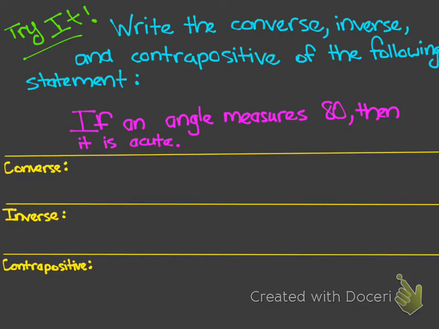So the last thing I want you to do is complete this try it. Pause the video, see if you can write the converse, inverse, and contrapositive using your notes, and then when you unpause it, I'll have those answers up for you.